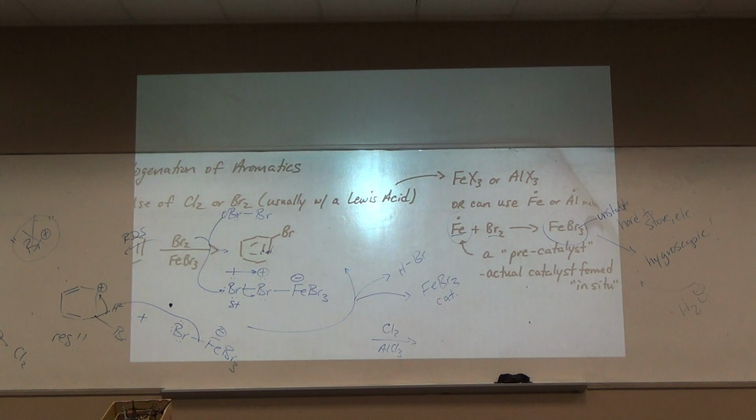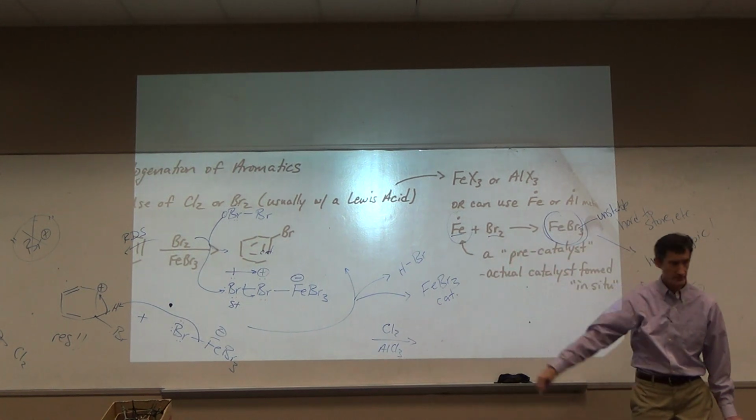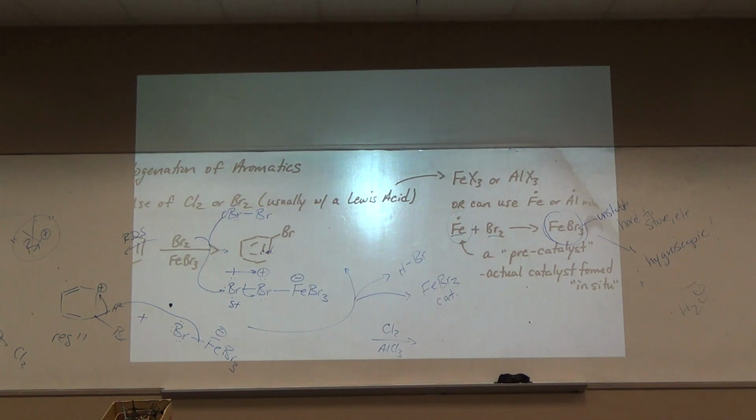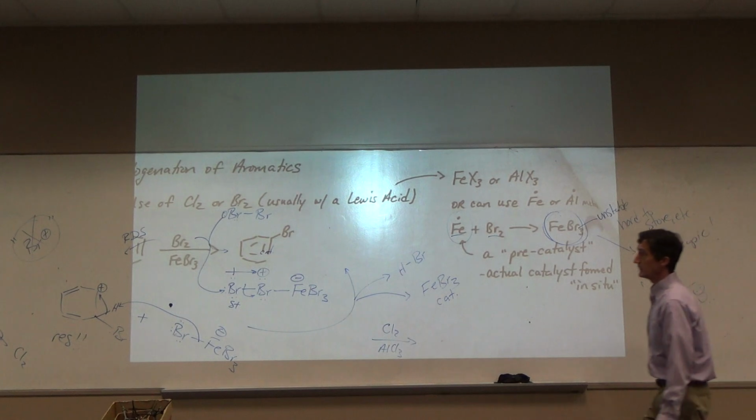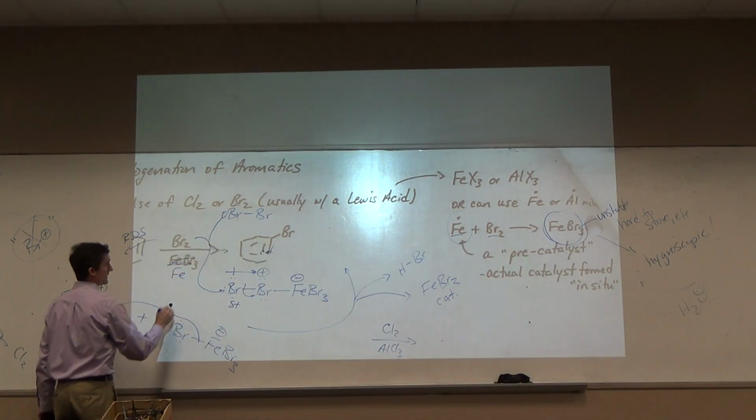Question? What would happen to the H in that case, to use the metal and not the Br2? What do you mean, what would happen? You just create the FeBr3 and then you do the same mechanism. Well, it's all together. You can take bromine and just add in iron.